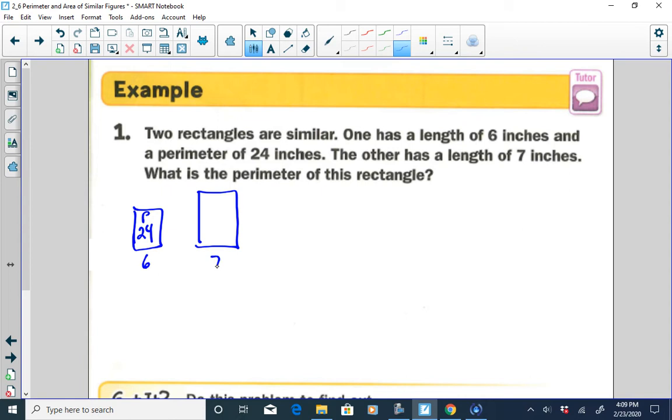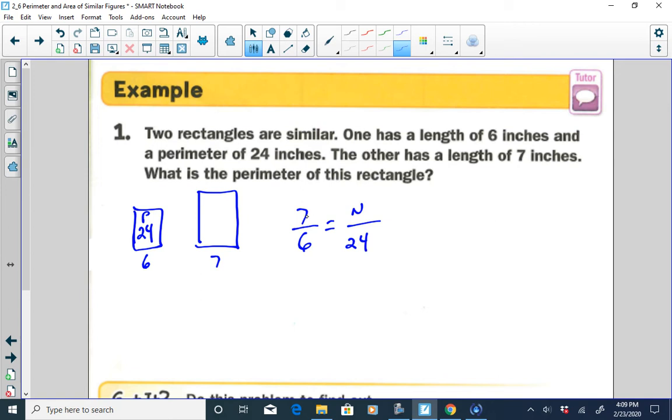Okay? Well, what proportion can we set up here? Well, I can set up a lot of different proportions, but let's set up the ratio of the corresponding side lengths. If I use 7 to 6, and I'm looking for the perimeter, the variable here, n, which is what we don't know, over 24 would be my other ratio.